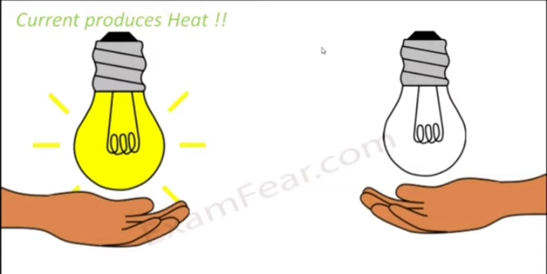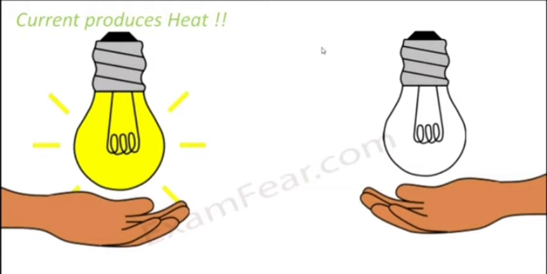In one case, when the plug is on, it means when the switch is on, current is flowing through the circuit and the bulb is glowing. On the other hand, you are placing your hand under the bulb when the current is off. It means when the plug is off and no current is flowing through the circuit. Do you observe any changes?